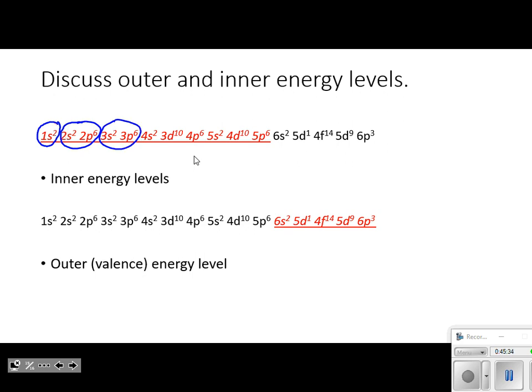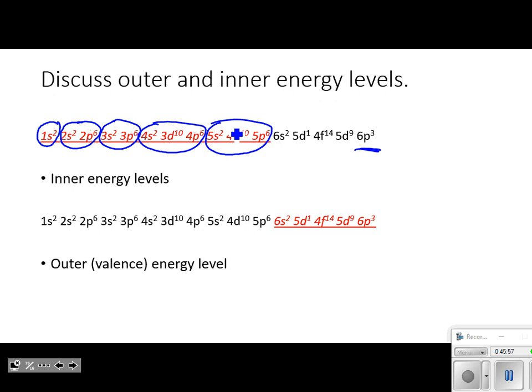Where there's a p6. Do I have a p6 here? Not yet, so that's not filled. So how many full energy levels would I have in this element? 1, 2, 3, 4, 5 full energy levels.